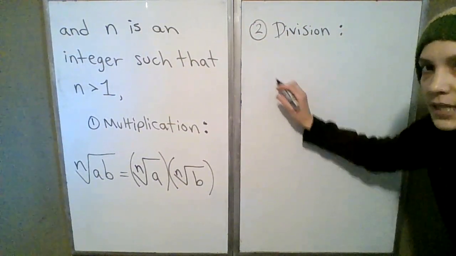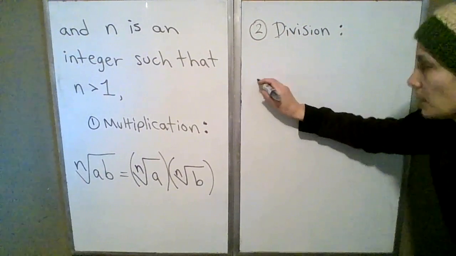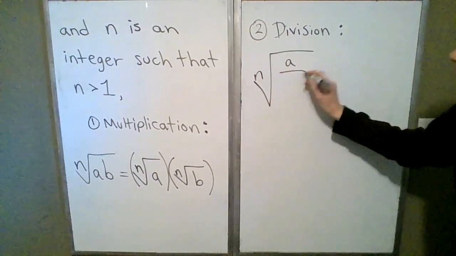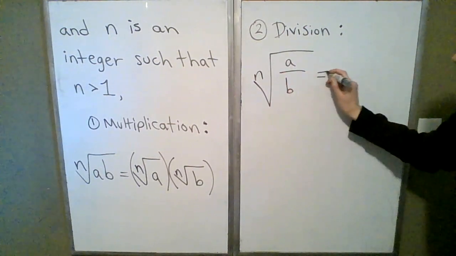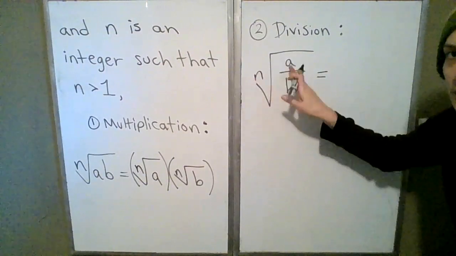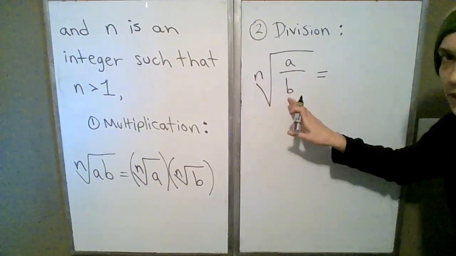So let's say you have the nth root of A divided by B. We can write this as the nth root of A divided by the nth root of B.